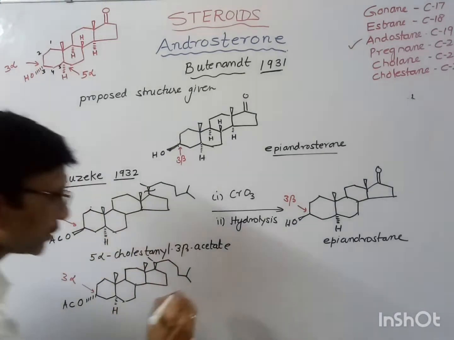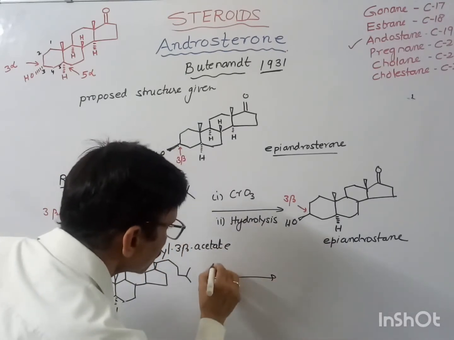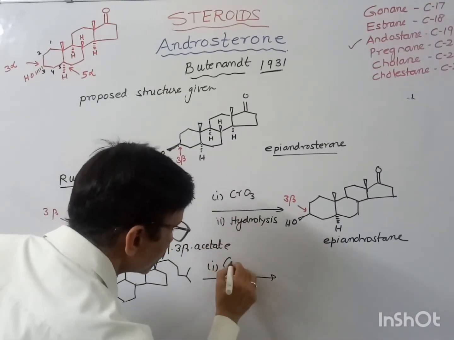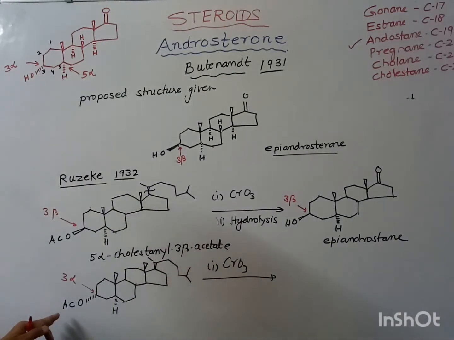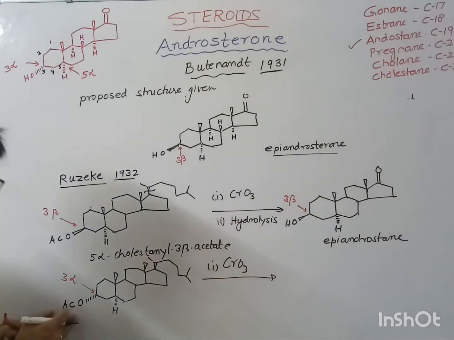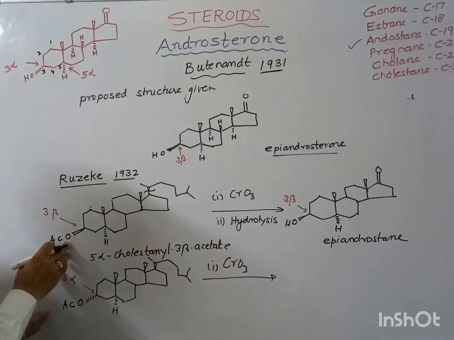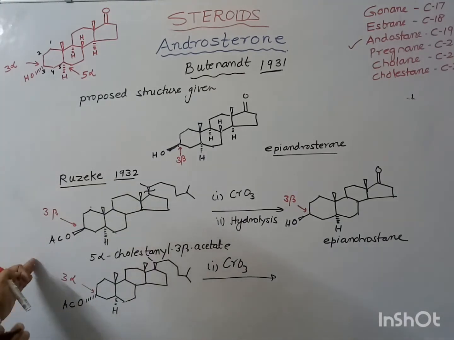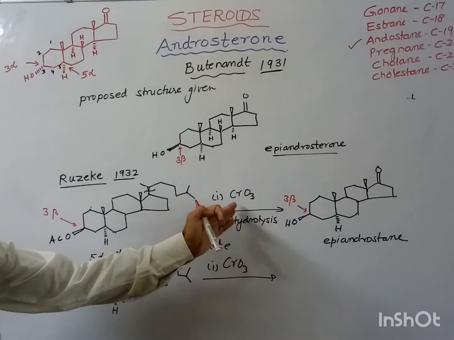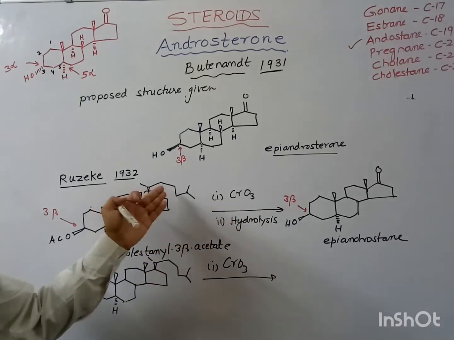This is the side chain. In the same reaction, if it is treated with chromium oxide, first of all he protected the OH group of cholestanol by acetylation and got the acetate group over here, so that we may do the chromium oxide oxidation to remove this chain.